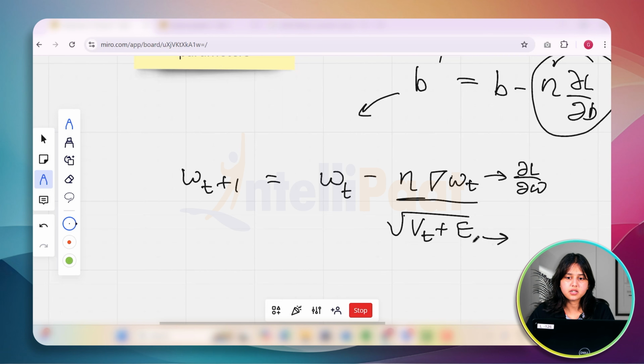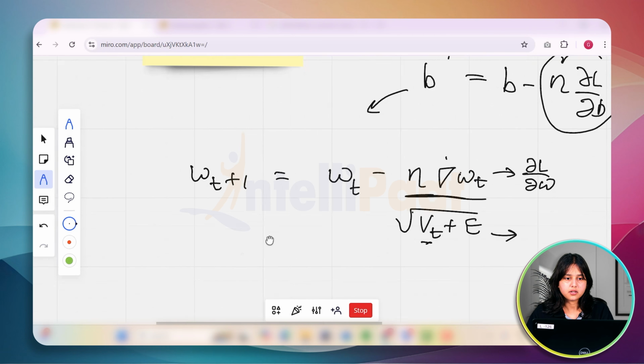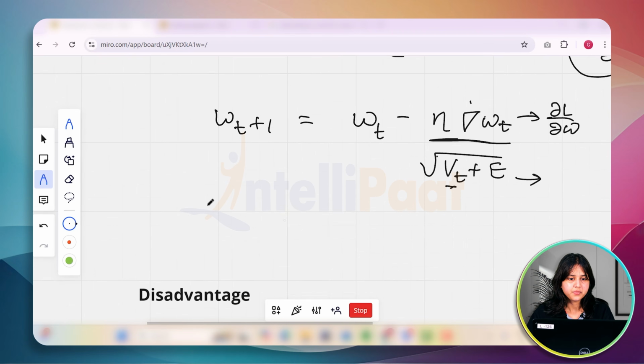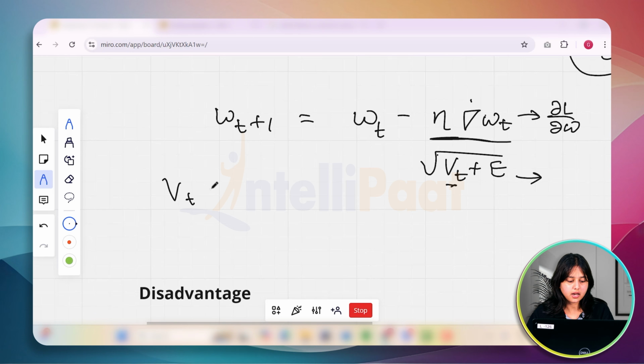Epsilon is a really small value in case vt is 0, because we do not want to divide anything with 0. This will reach infinity and our optimizer will not really work as we expected. So vt over here is our velocity, which we can calculate using vt minus 1 plus delta wt, the whole square.